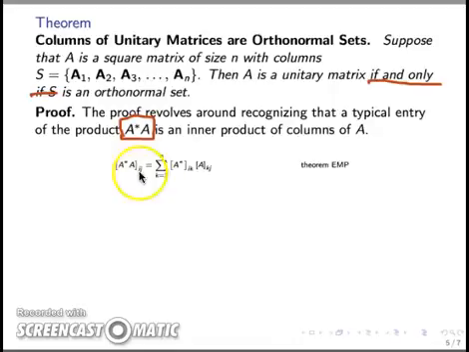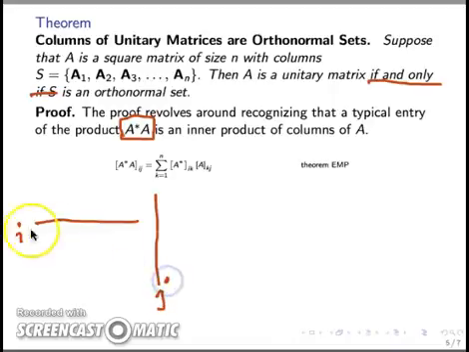We take a look at the ijth entry of that matrix. Remember that one way of looking at matrix multiplication is by looking at the ith row, excuse me, multiplying the jth column.